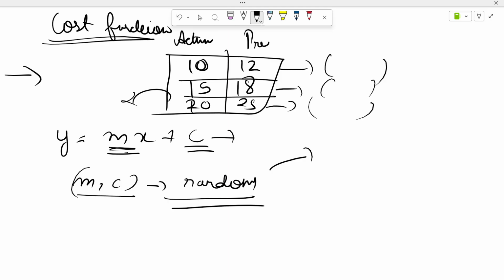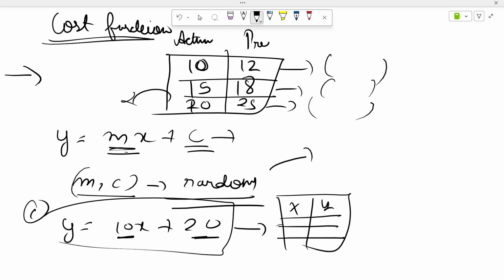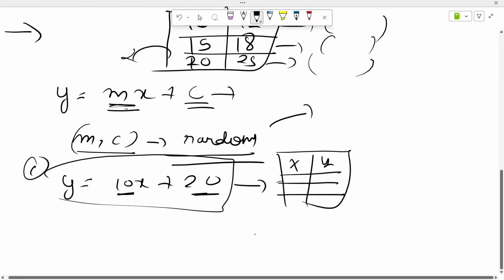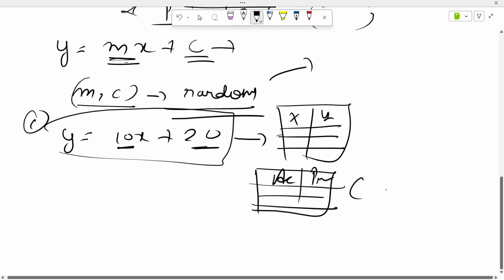So for step 1 you initialize with some random values, let's say 10x plus 20. 10 and 20 are the values you assume. Now you go through each data point x, y in the training data, fit each into this equation, and calculate the actual and predicted values. Now you calculate the error.